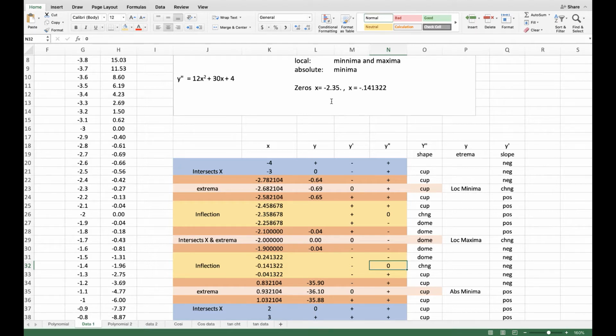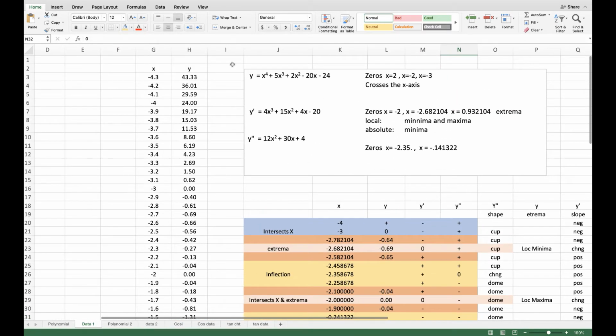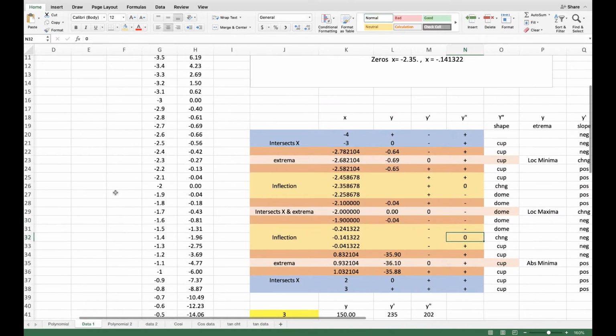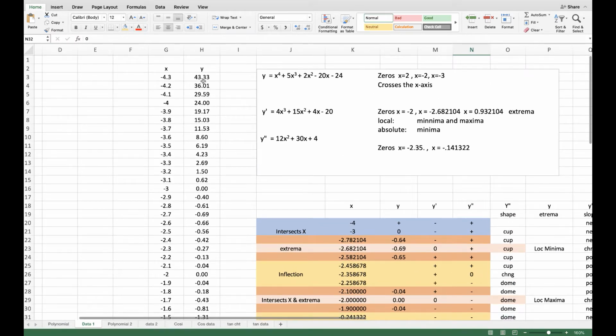Now, what I did was I plotted the function. These are the x values from minus 4.3 to 2.4, and these are the y values of the function.